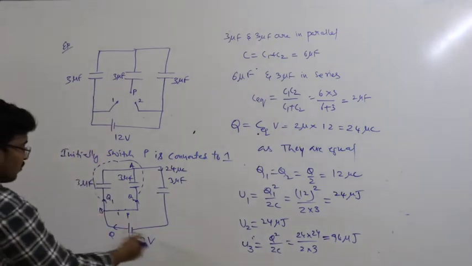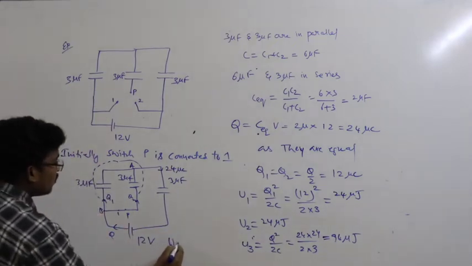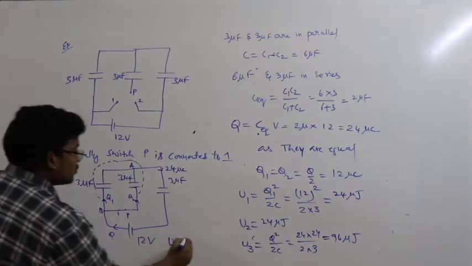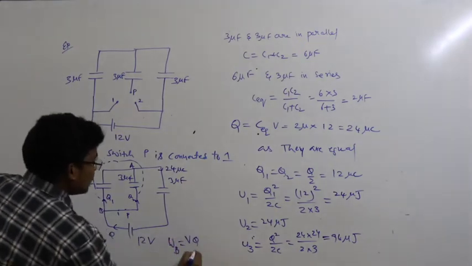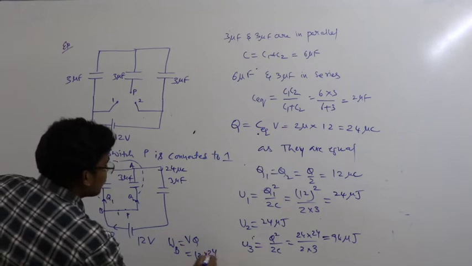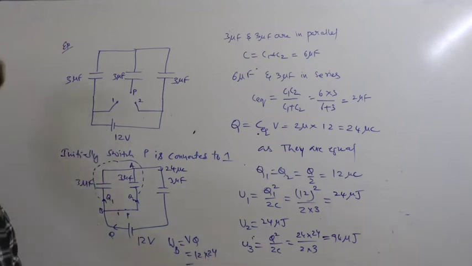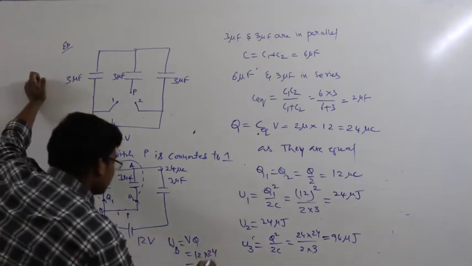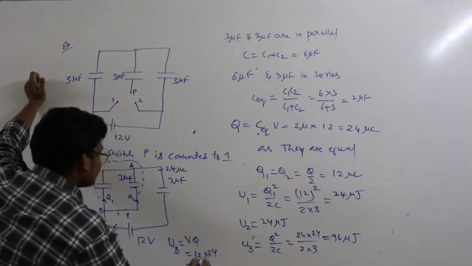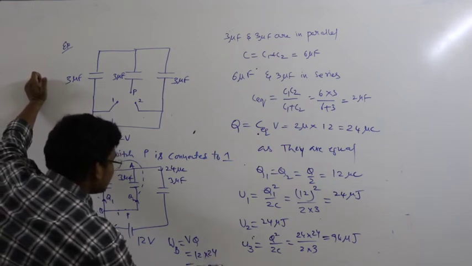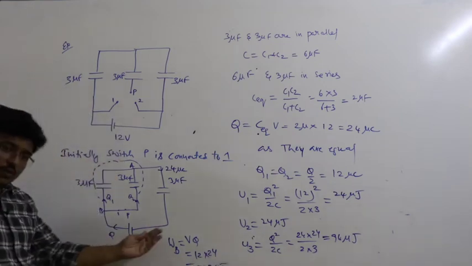And you can say, what is the work done by the battery? Work done by the battery is VQ. So V into Q: V is 12, Q is 24. 12 into 24 is how much? 12 fours are 48, 24 is 288 microjoules. So this is the total work done.